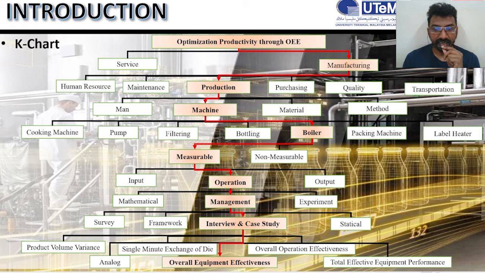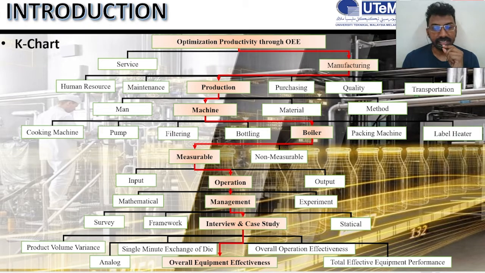The factor that will be focused on is the machine, and the selected machine is the boiler, which is found in the selected company. Then, the data is measurable data from the operation, obtained from management by interview and case study, using the OEE method of calculation and solving.